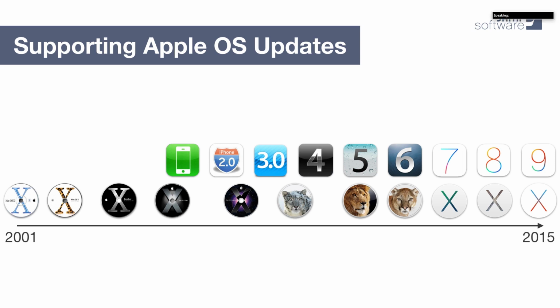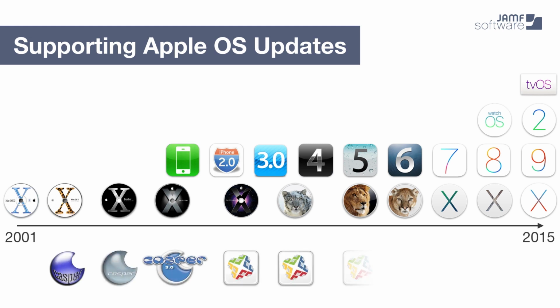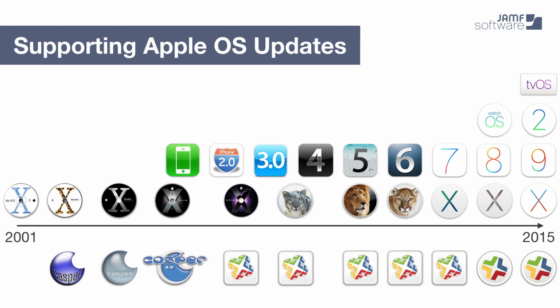Apple is even introducing new operating systems to run on watches and on TVs with watchOS and tvOS. Really, the pace of innovation here since iOS 5 and Lion has been astonishing. And Jamf has been alongside Apple this entire way by releasing versions of the Casper Suite that support Apple's new operating systems on the same day.